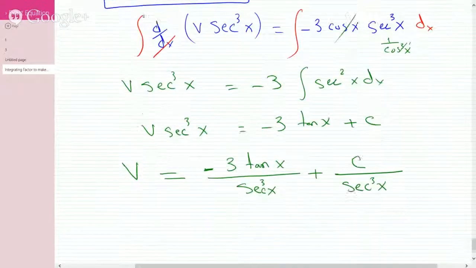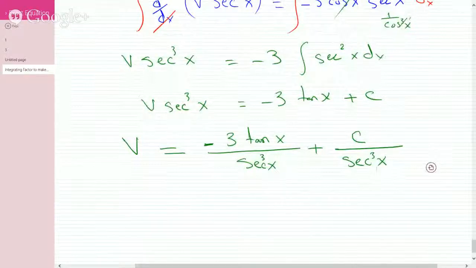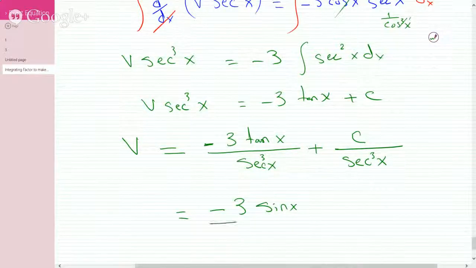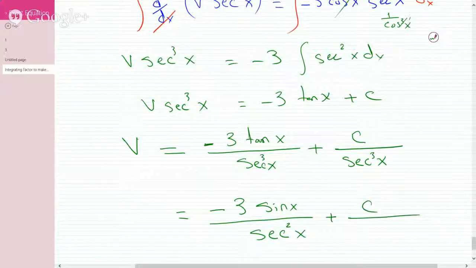Now tan is sine over cosine and secant is 1 over cosine. So one of the cosines goes away and we get minus 3 sine x over secant square x plus c over secant cube x, and that's v.